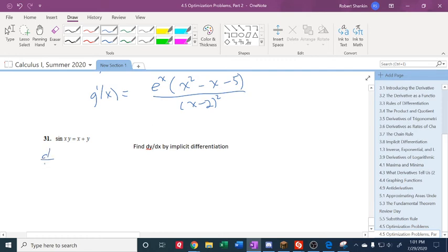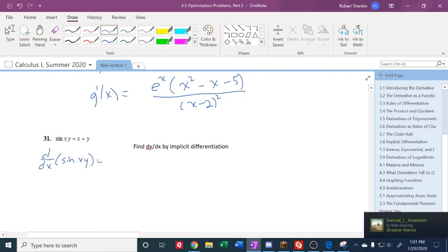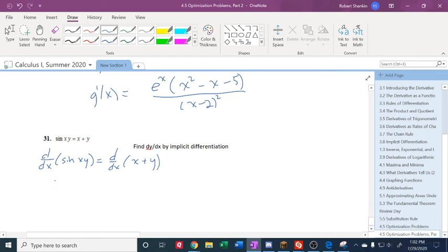So I'm going to take d dx of both sides. When I take the derivative of the left-hand side, derivative of sine of something is cosine of that something, then I have to chain on the derivative of the internal.